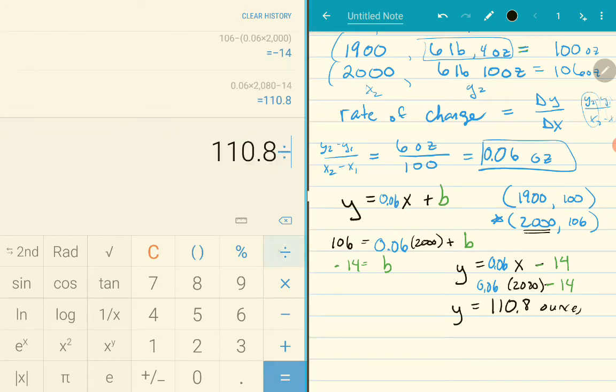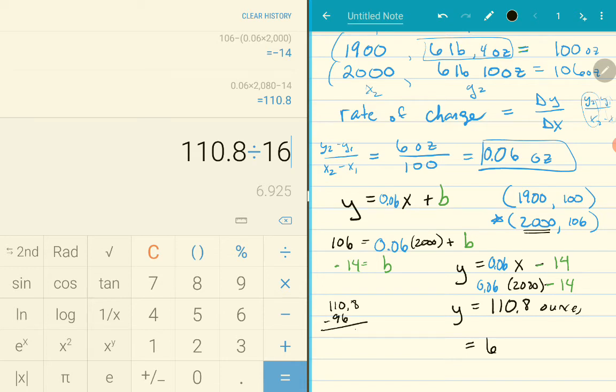We get almost 7 pounds, but not quite. So we have 6 pounds is 96 ounces. So if I take 110.8 minus 96, because that's covered in the pounds, then I have 4.8 ounces left. So 6 pounds and 4.8 ounces. All right.